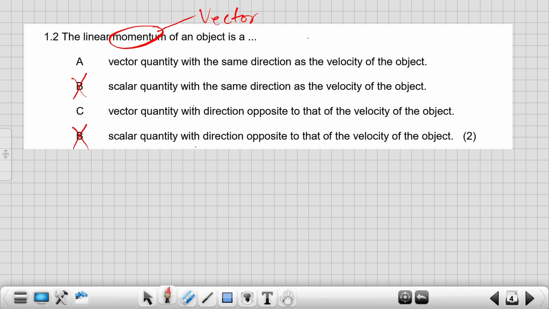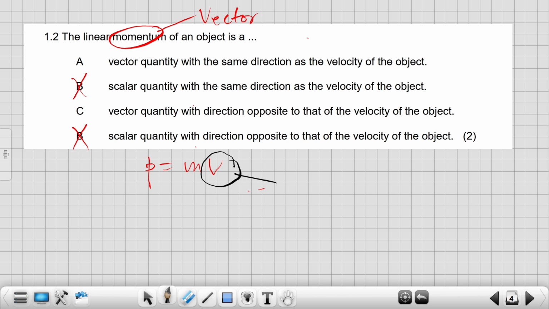So which principle can I use to identify which direction my momentum will take? I am going to use P is equal to mv. It says the only thing that will influence the direction of the momentum is the velocity here.